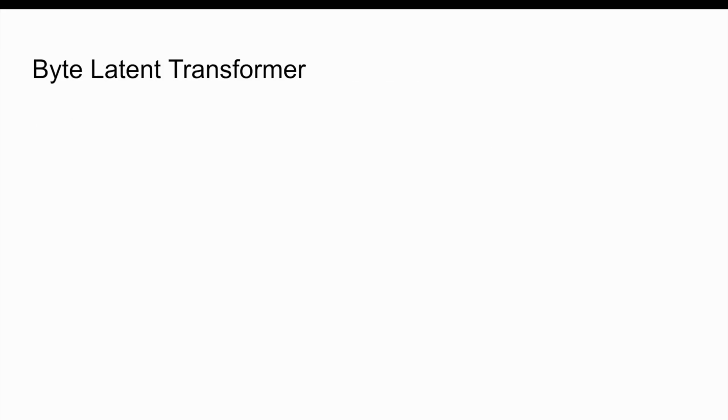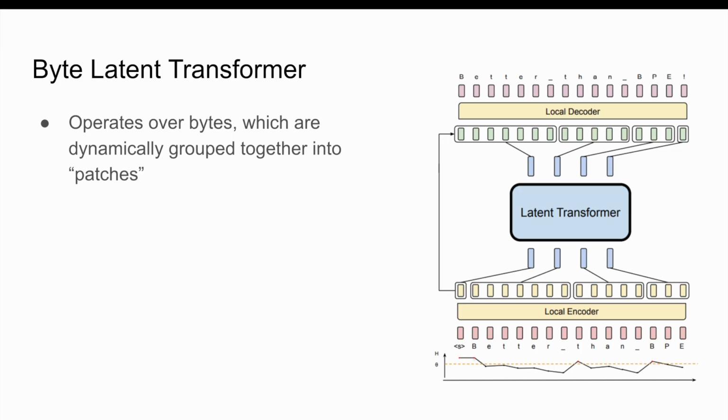One recent advancement in this area is the byte latent transformer architecture, which was proposed earlier this year, I think, by Meta. This architecture operates over bytes, which are dynamically grouped together into patches. I've highlighted one in red. In practice, this is just tokenization, either neural or context-dependent tokenization, something like that.